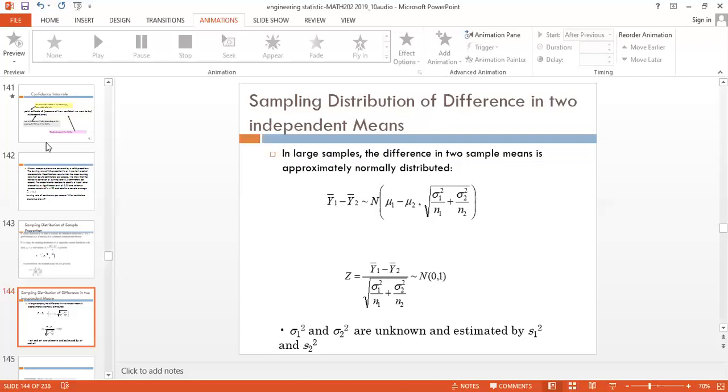So it's going to be the crops planted using the normal procedure as against crops planted using fertilizer. That is where we have the difference in the two populations.